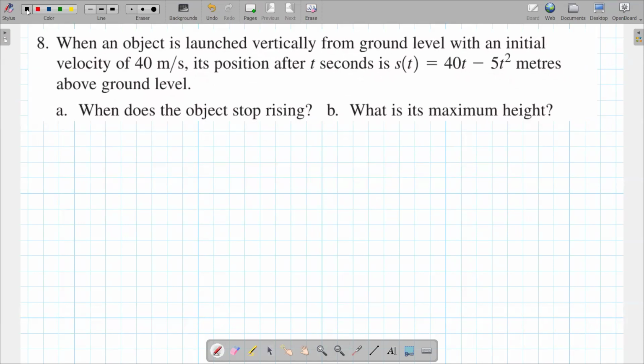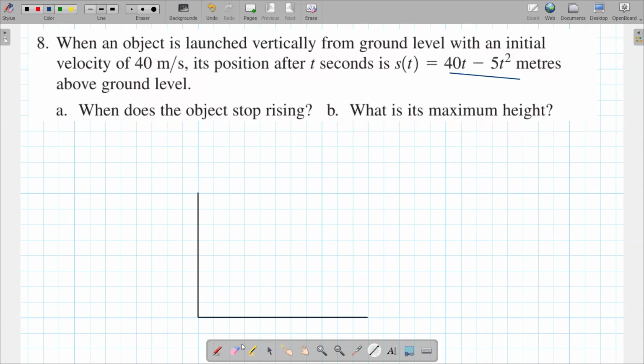So someone's throwing a rock or an object from a certain height. Its initial velocity is 40. Okay, I don't know if that helps us. Let's try graphing this, s of t. How do we graph this?